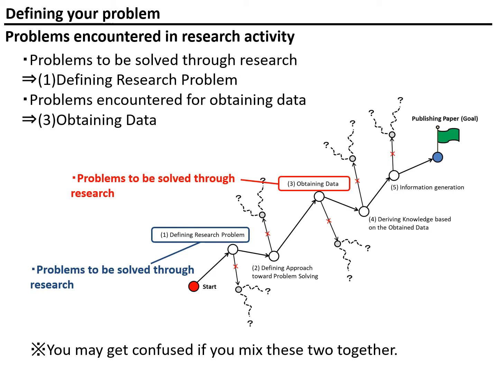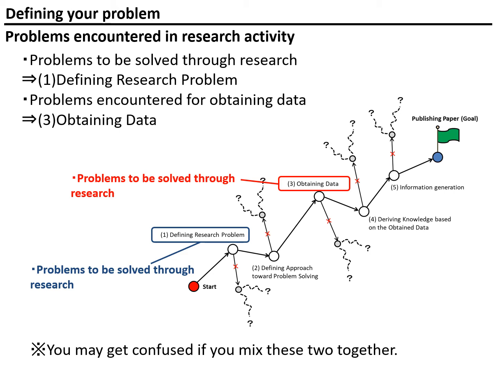The first is problems to be solved through research activity. Actually, this means almost your research topic. So you need to determine which problem you are going to solve through your research activities. I would say that is the first step in your research activity: defining a research problem.